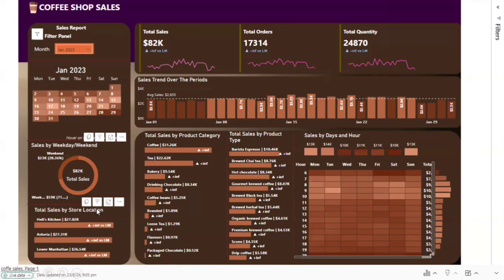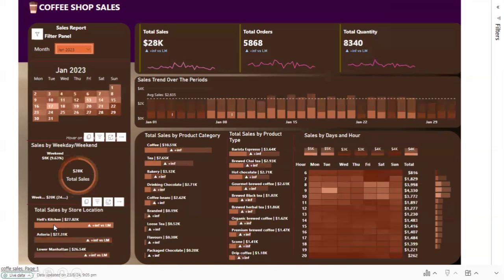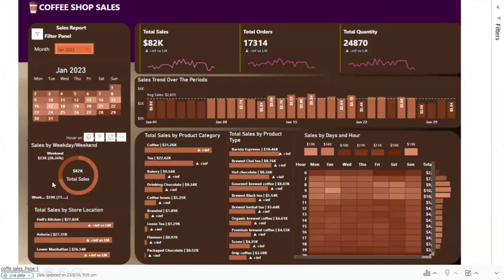And if we dig into this whole data according to the sales location, before clicking, we have to get an overview from the top. See here, in Hell's Kitchen we got a total of $27.8K, in Astoria $27.31K, and in Lower Manhattan $26.54K.